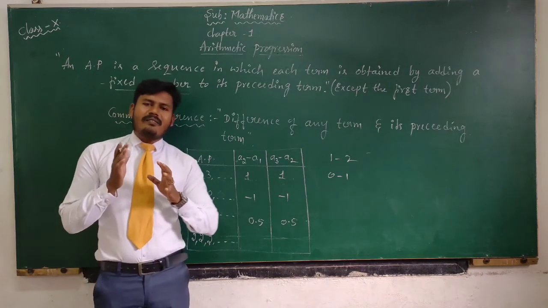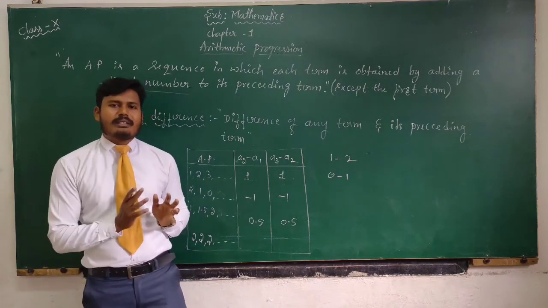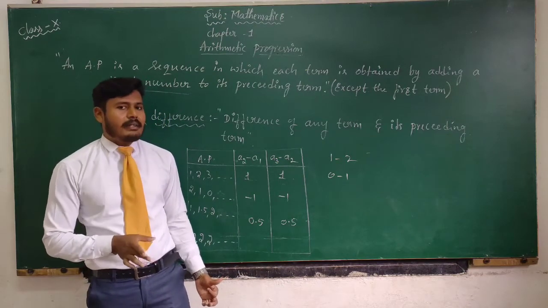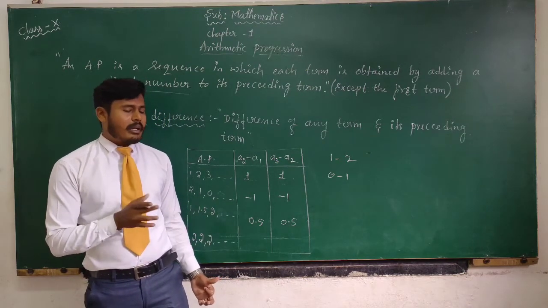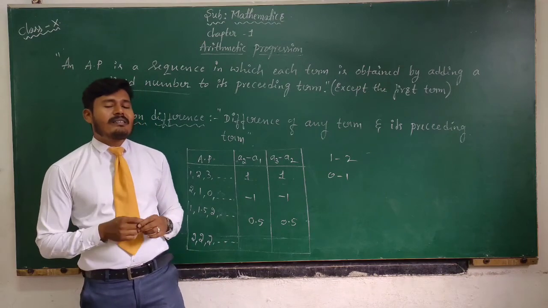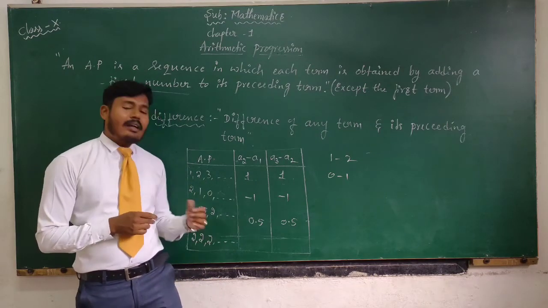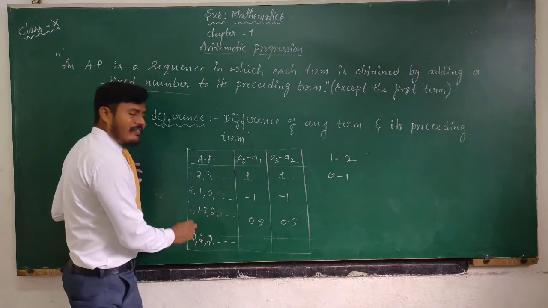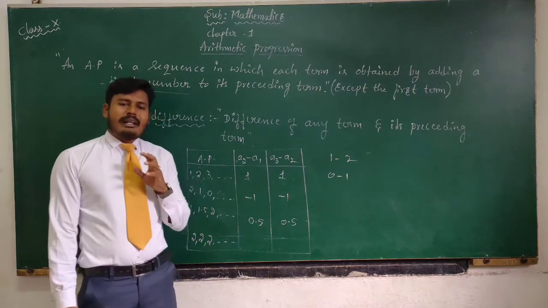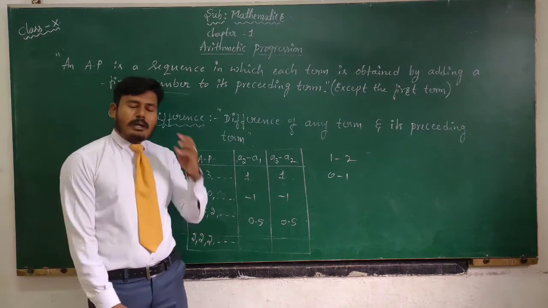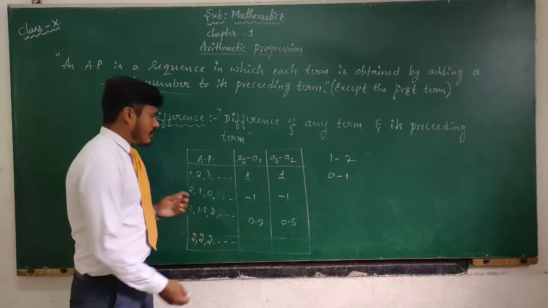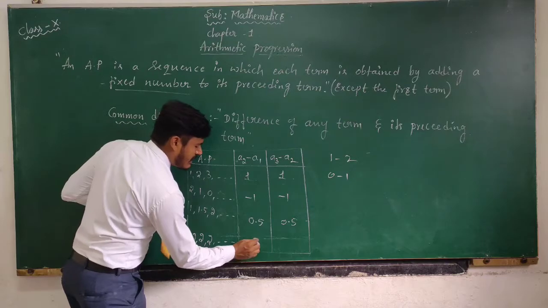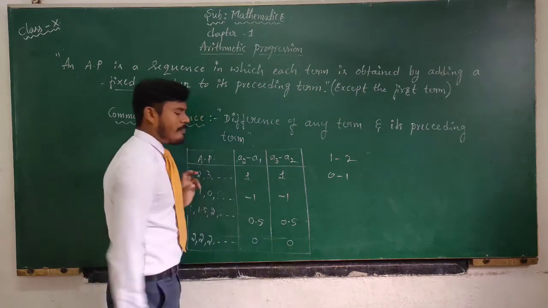If a sequence contains the same number with the same sign, think about it: what is the common difference of that kind of AP? It is very simple. To find the common difference of an AP, you should identify it by observing the terms of the AP. So a2 minus a1: here all the terms are the same, that means the common difference is 0.